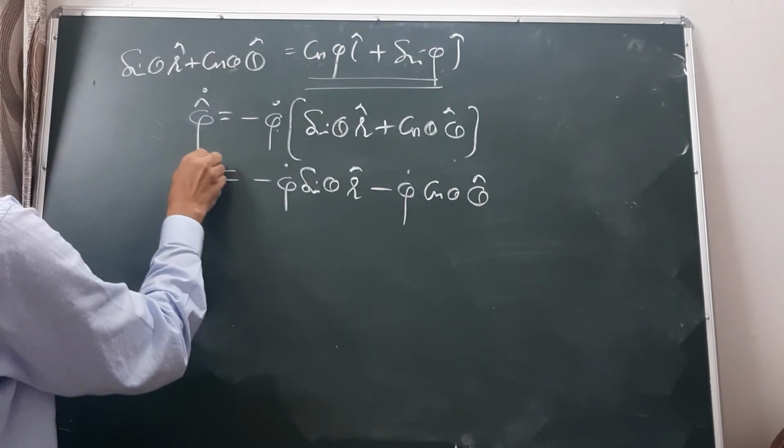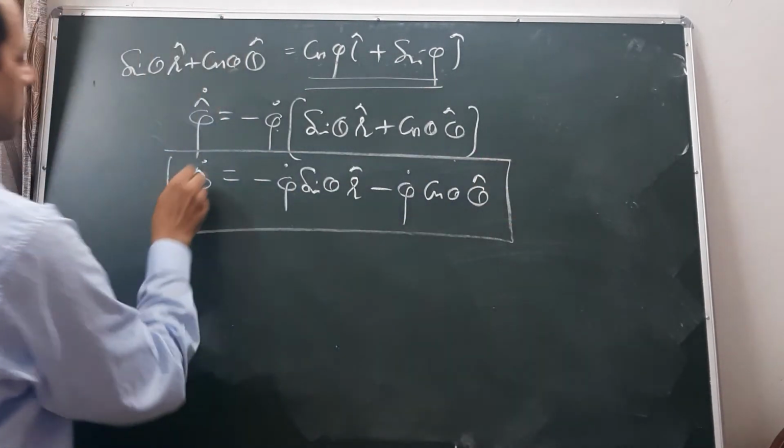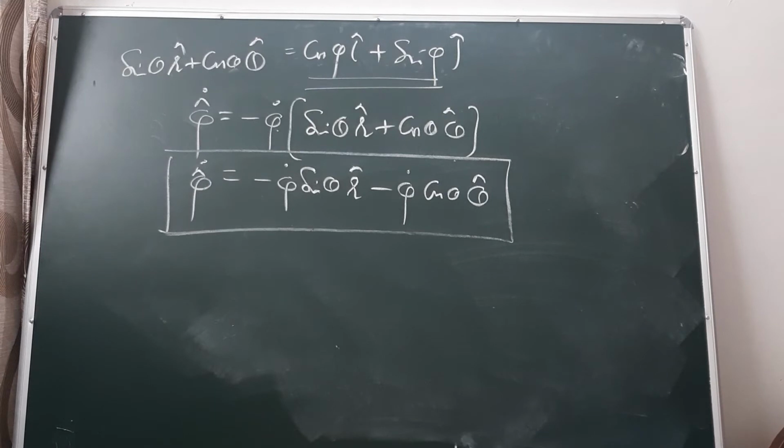This is the equation we used in the previous article on acceleration. In this way we can find the derivatives of the unit vectors r cap dot, theta cap dot and phi cap dot.